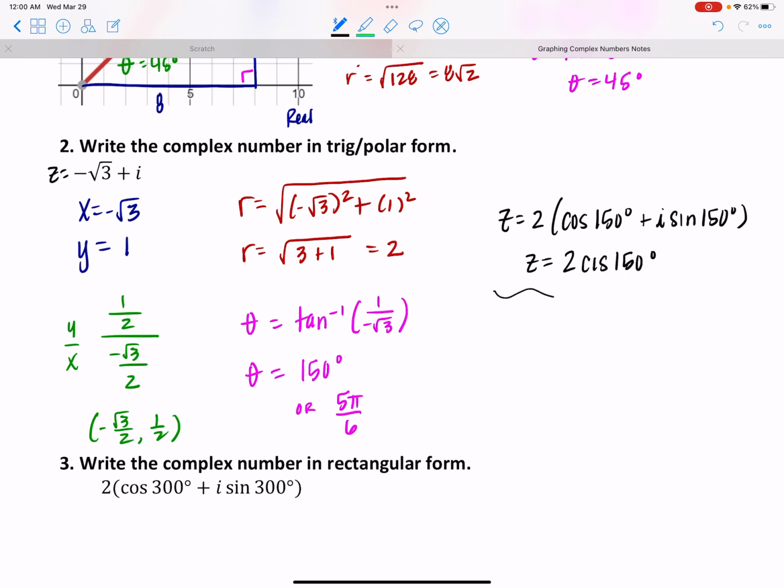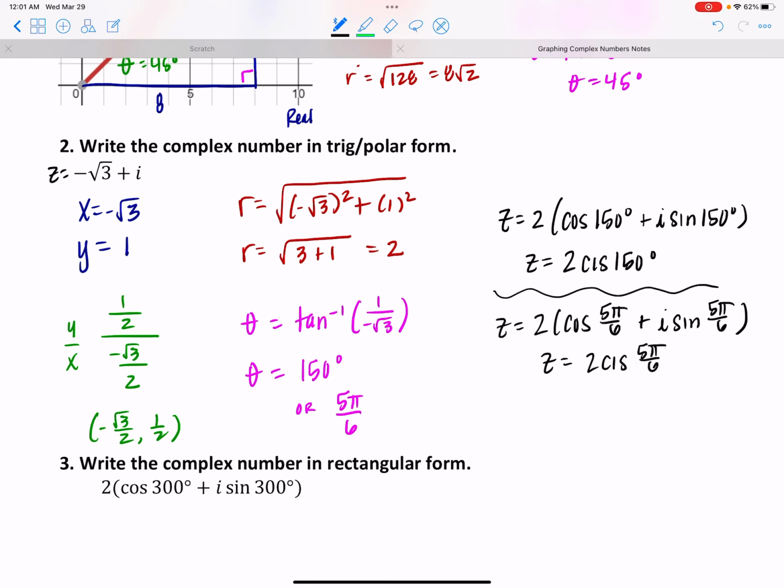Or, if I wanted to put this in radians, I could say z equals 2 times the cosine of 5 pi over 6 plus i times the sine of 5 pi over 6, or again, the abbreviated would be 2 cis 5 pi over 6. Okay, so all 4 of those answers would be perfectly acceptable.